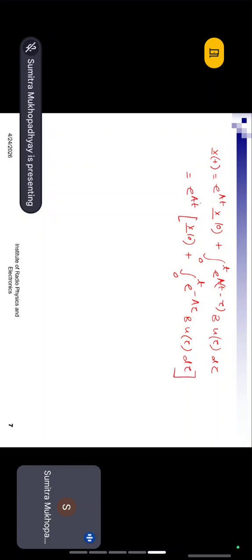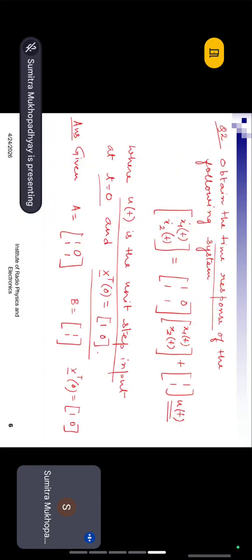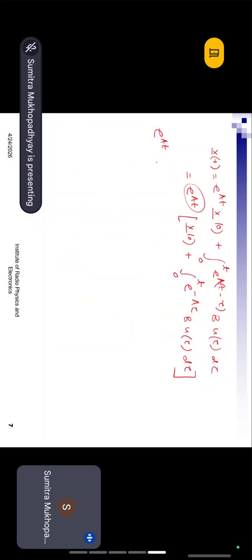So first let us find out e to the power At. A is given here, [1 0; 1 1]. So e to the power At is something like I plus At, I request you to do this problem.